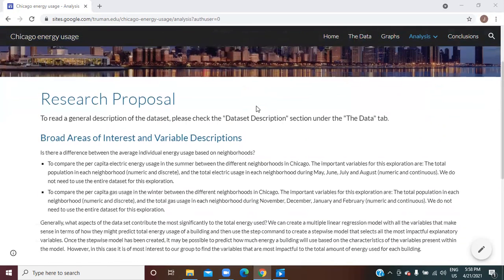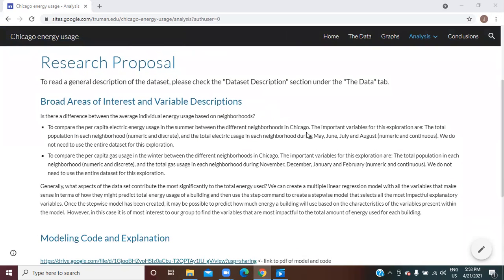We'll talk about the analysis. Originally, we ended up looking at different things than we expected. Initially, we wanted to compare the per capita energy usage in the summer months in different neighborhoods. Important values would have been total population in each neighborhood and total electric usage during May, June, July, August, both numeric and continuous.